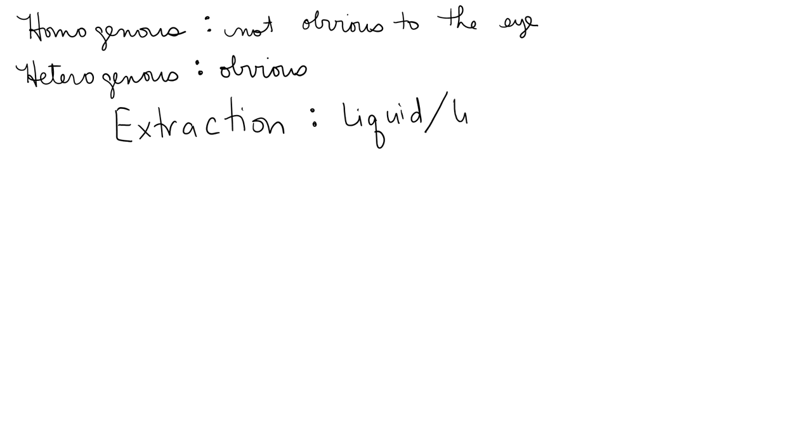So usually extraction is liquid-liquid. That's when you use a separatory funnel. In a separatory funnel, you can see that there are two layers of liquid, and you drain off the lower liquid, which allows you to separate them.